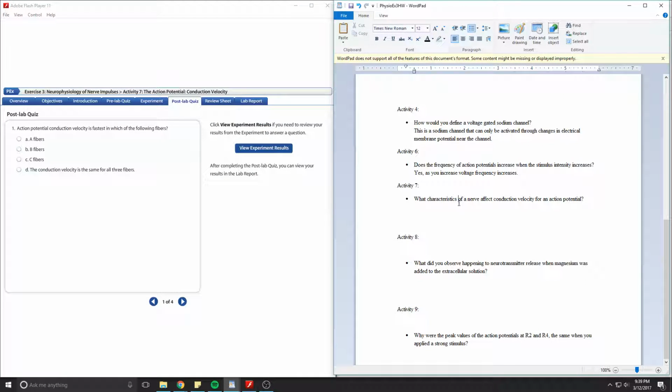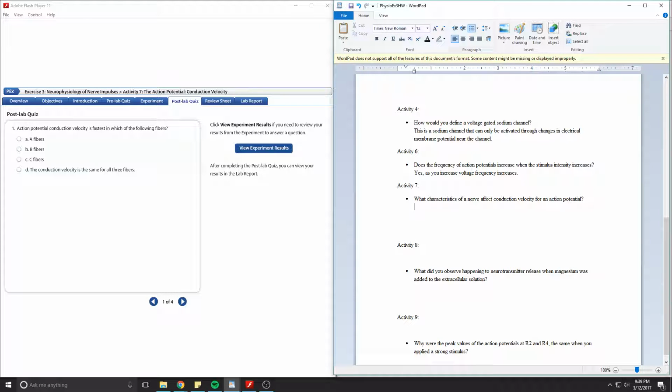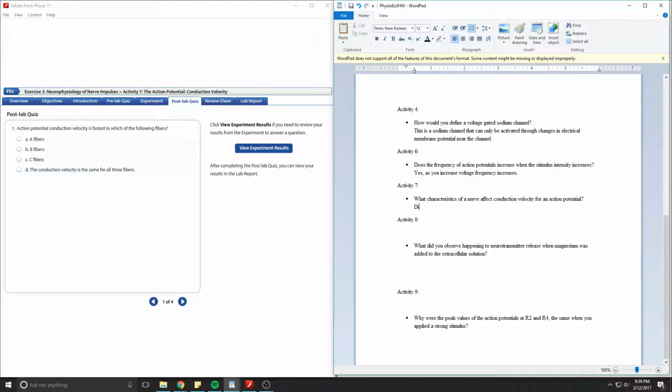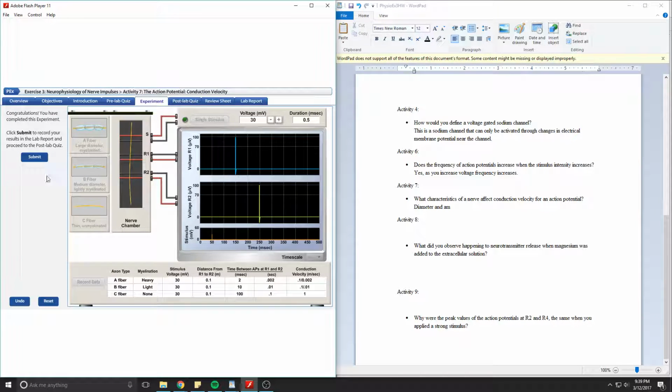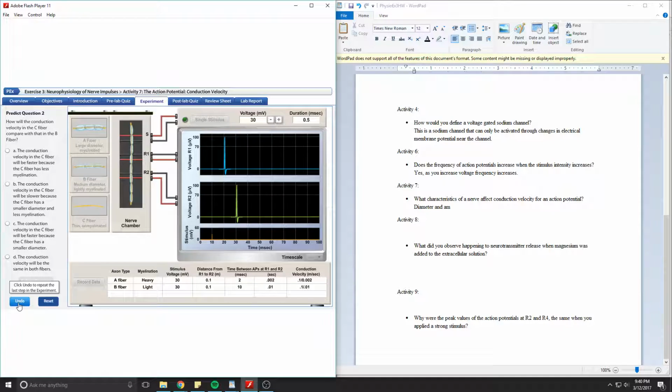All right, so what characteristics of a nerve affect velocity? Diameter and amount. Well, I just want to get back to the questions here, just so I can get the wording.